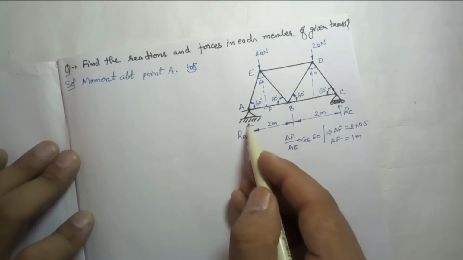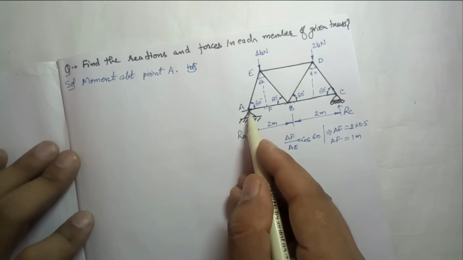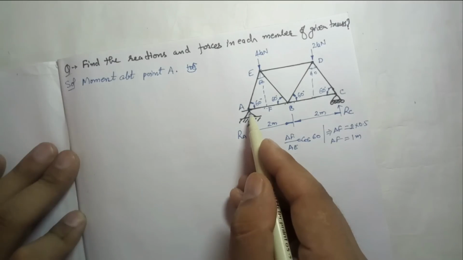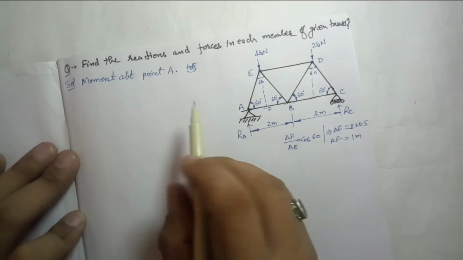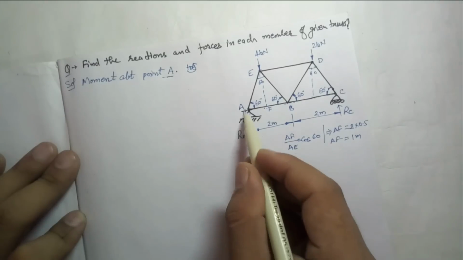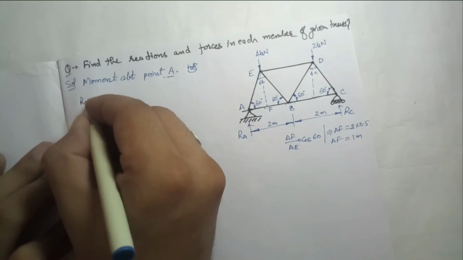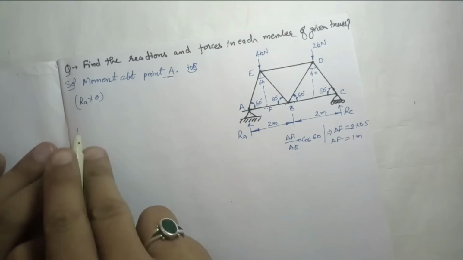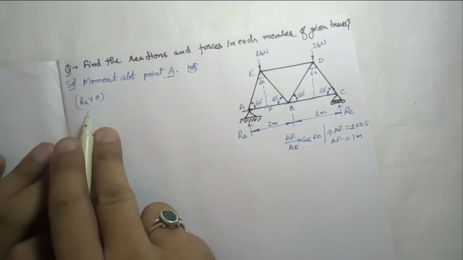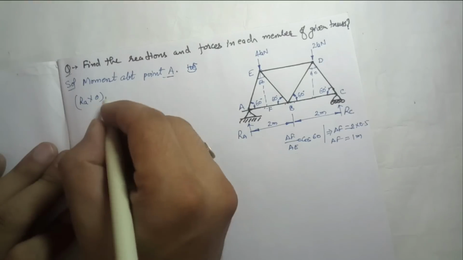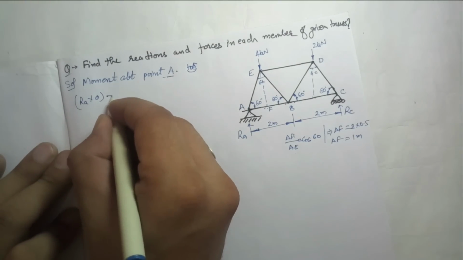At point A, the moment of RA will be 0 because there is no perpendicular distance. In the last numerical I solved, RA passes through the same point about which we are taking the moment, so no distance, so that will be 0. To teach you, RA into perpendicular distance is the moment about A, that is 0.